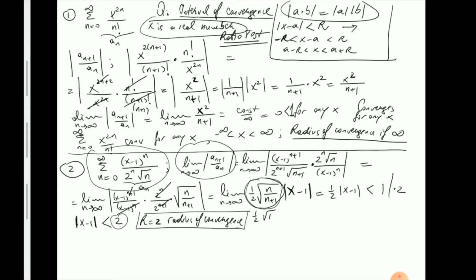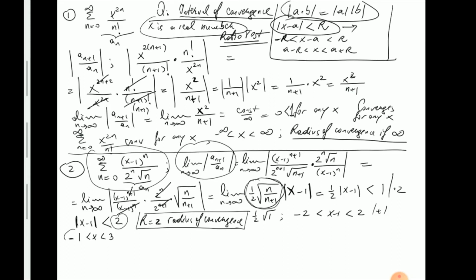So we have to move on to figure out the interval of convergence after this step. Remember, when you have that inequality, absolute value of x minus a less than r, in this case, that's equivalent to minus 2 less than x minus 1 less than 2. And if you add 1 on both sides, that'll be minus 2 plus 1, which is minus 1, less than x less than 3.